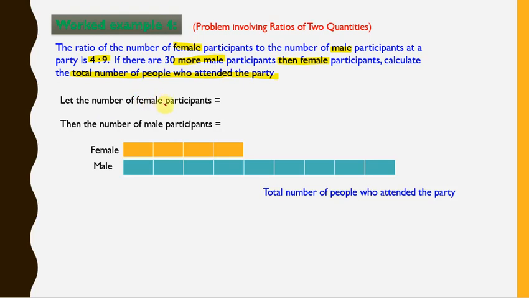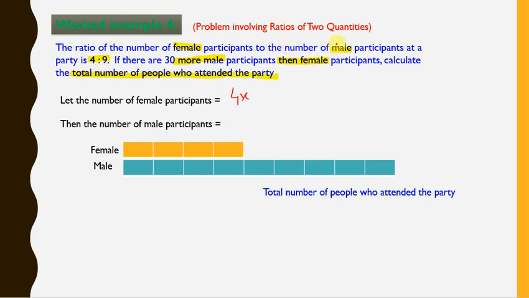Let the number of female participants be x, and as the ratio has 4 for female participants, we will multiply it by 4. So the number of female participants is 4x.